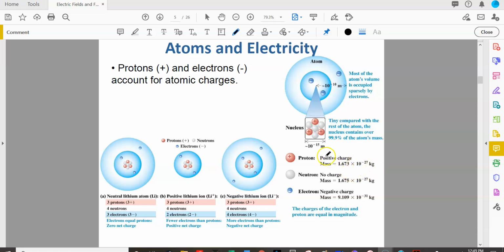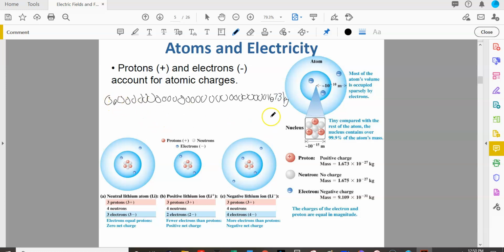And 10 to the negative 27th kilograms is a point, and then you have 27 zeros. 1, 2, 3, 4, 5, 6, 7, 8, 9, 10, 11, 12, 13, 14, 15, 16, 17, 18, 19, 20, 21, 22, 23, 24, 25, 26, and then 27 would be that, 1,673 kilograms.